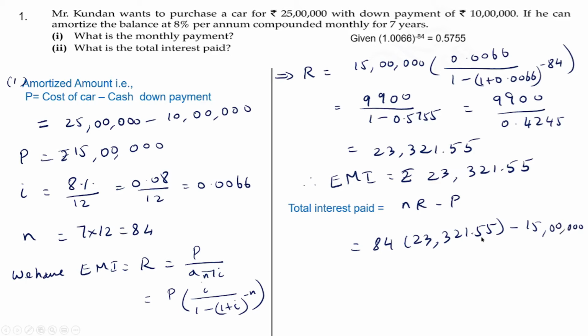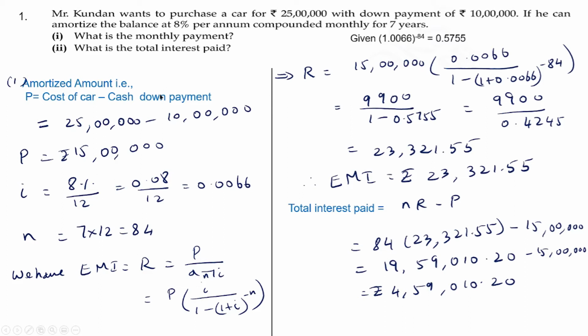This is 19 lakh 59,010.20 minus 15 lakhs, which is equal to 4 lakh 59,010.20 rupees. So this is the total interest paid.